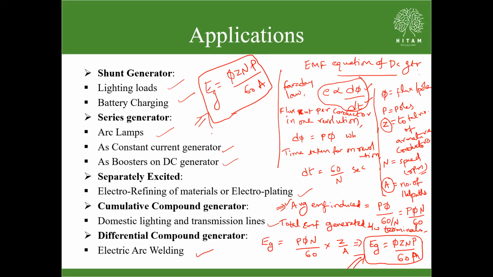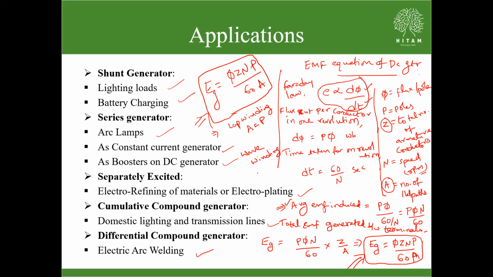If they want to put a little stress in your question paper, they may mention lap winding and wave winding, that is how the armature winding is arranged. If it is a lap winding, remember A equals P, so P and A cancel, and the EMF equation is Φ by 60.